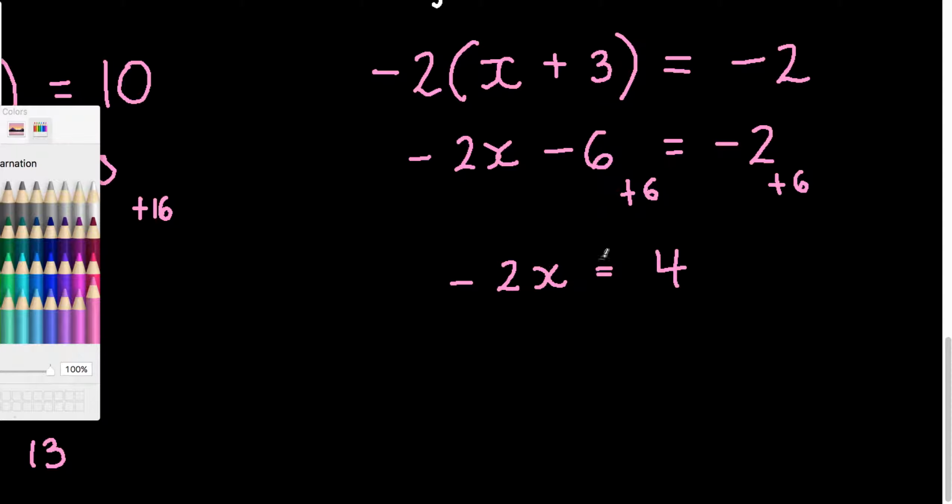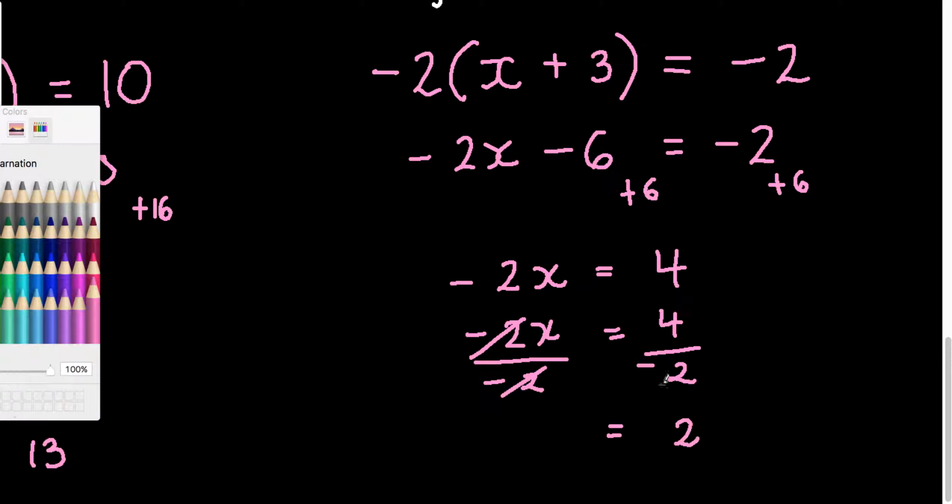Okay, so now all we need to do is divide both sides by negative 2. We've got 4 divided by 2 is 2, but this is a positive divided by a negative, so that gives us a negative. x must then be equal to negative 2.